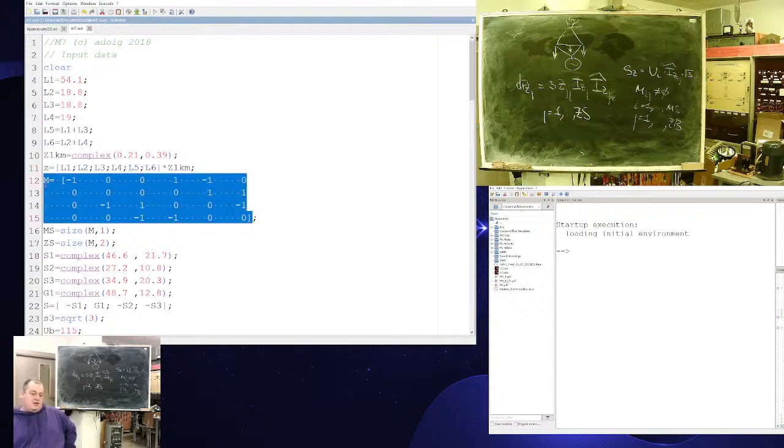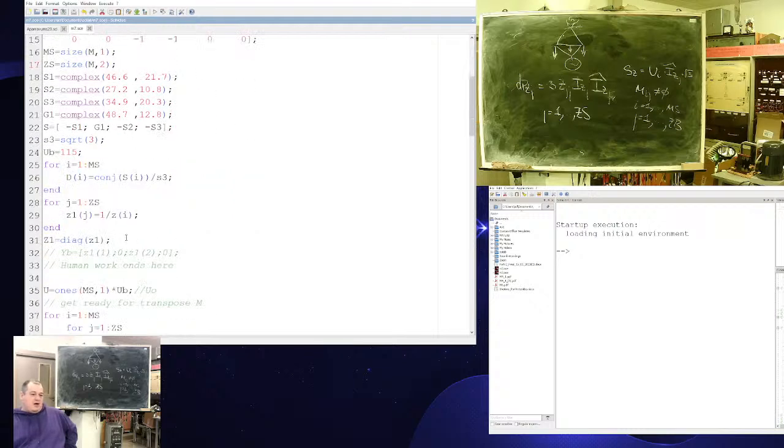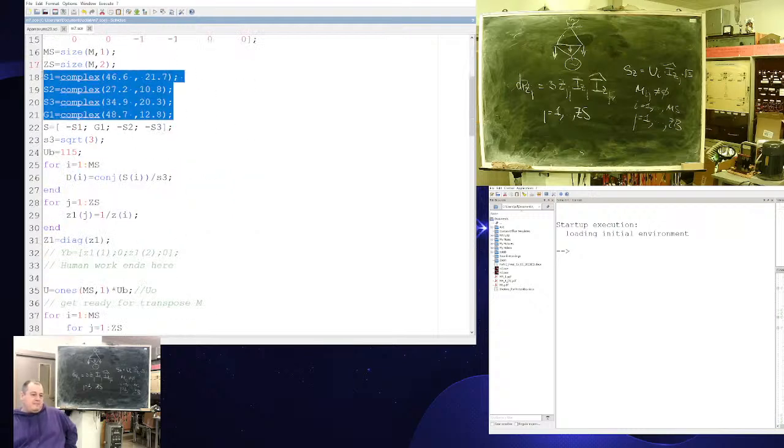My incidence matrix, branch to nodes or nodes to branch. We saw it before. Measurements, number of nodes, number of branches, and here power. For this kind of task, never ignore reactive power.